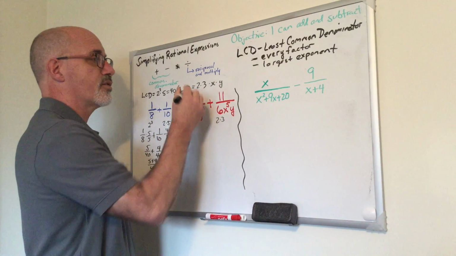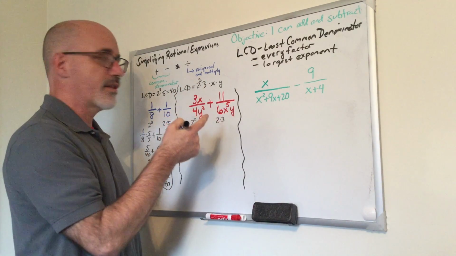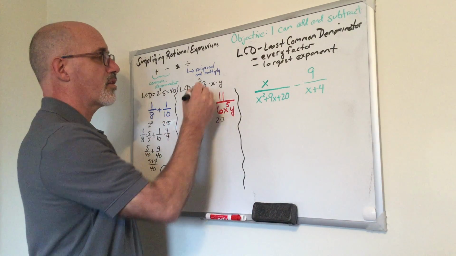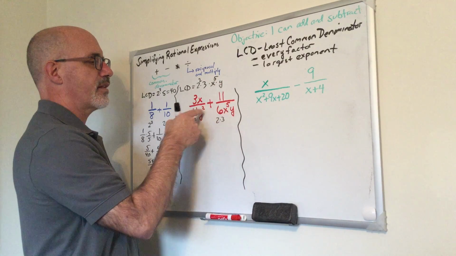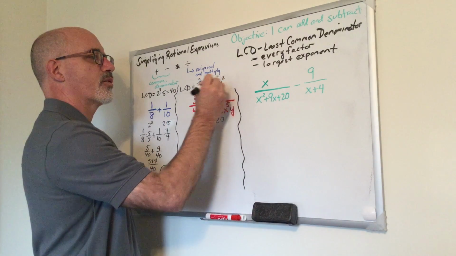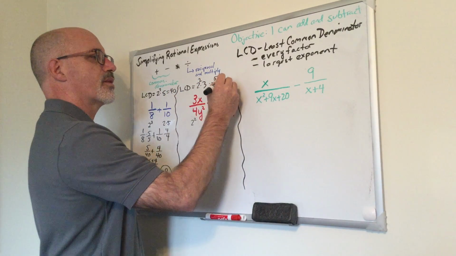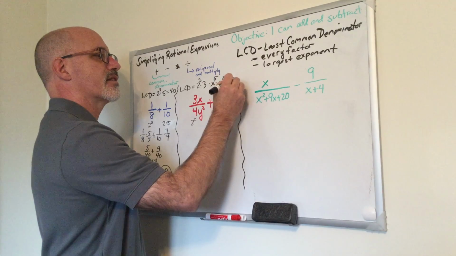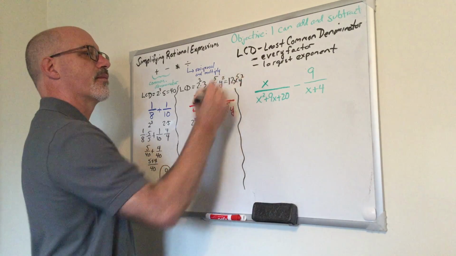This is 2 squared and 2 to the first, so I take 2 squared. For 3's, there's only a 3 to the first. For x's, the largest exponent is x to the fifth. And for y's, it's y to the first and y squared, so the largest exponent is 2. So when I multiply that out, 2 squared is 4 times 3 is 12. I'm going to have x to the fifth, and then y squared is my common denominator.